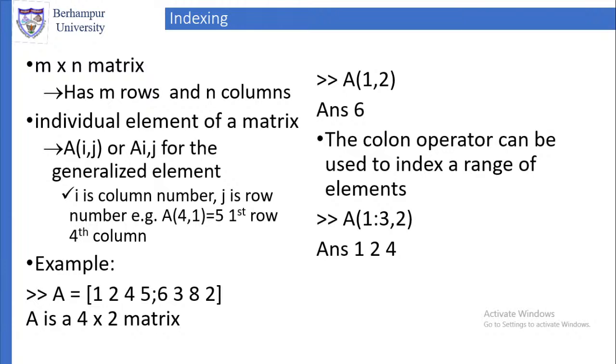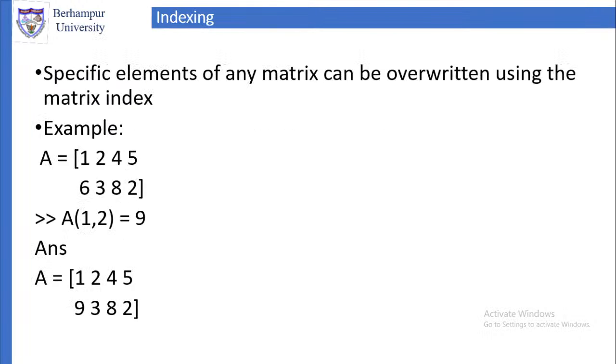And now let us expand it furthermore. You can change specific elements of any matrix by overwriting using the matrix index. For example, A that we saw earlier, 1 2 4 5 6 3 8 2. Now write A(1, 2) is equal to 9. That means 2 is the row number, 1 is the column number, so in the second row, first column will be 9.